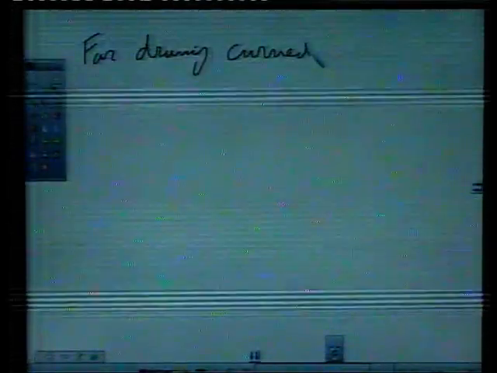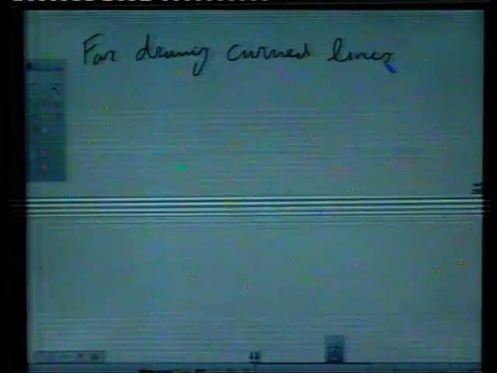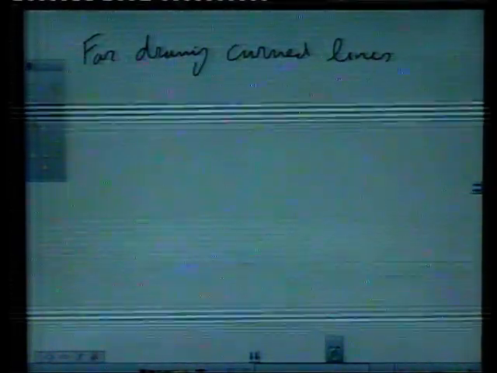Next point is for drawing curved lines. We have two methods.